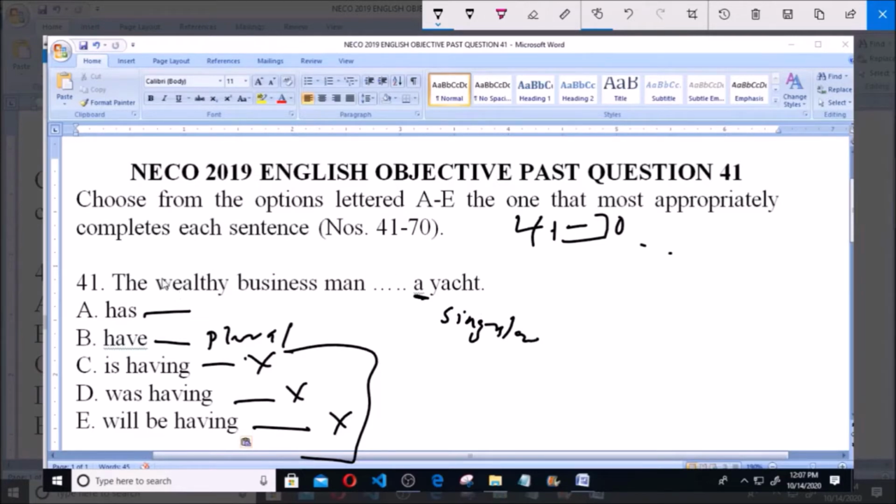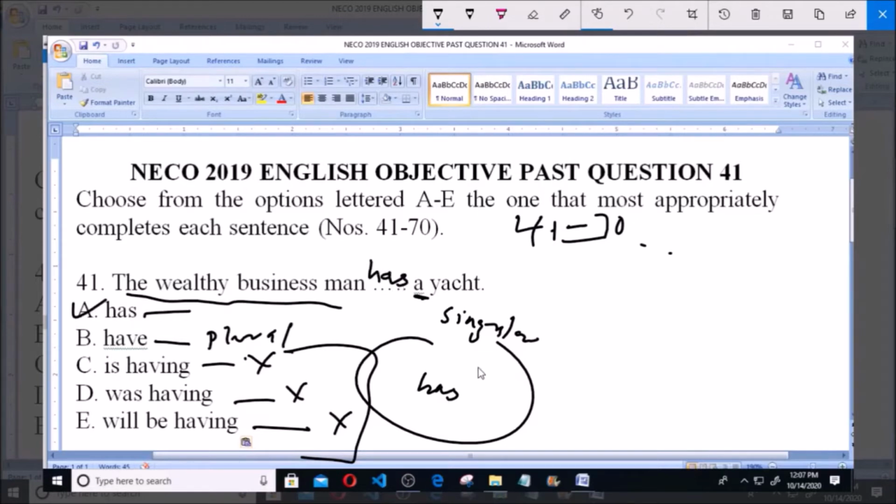Two, the subject of the sentence, the wealthy businessman, takes the position of third person pronoun, and with third person singular we use has. So the correct option here is option A. The wealthy businessman has a yacht.